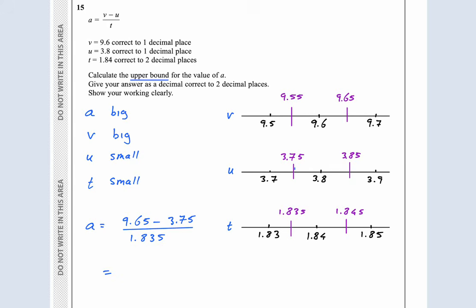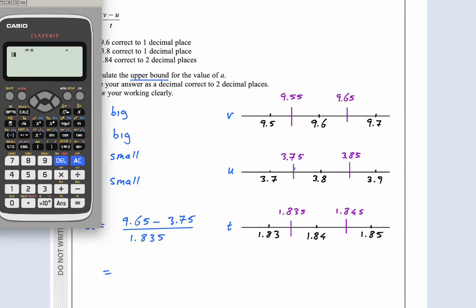Put all this into the calculator, and I get 9.65 minus 3.75 all over, let's be careful guys, yeah, that's better, all over, you don't even need these brackets now, all over 1.835.